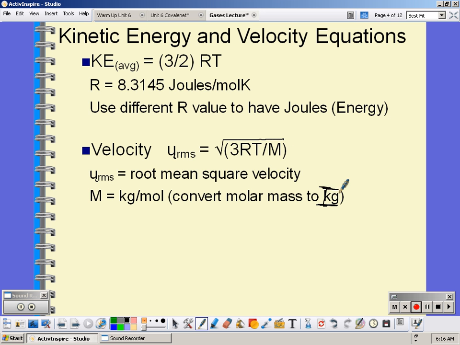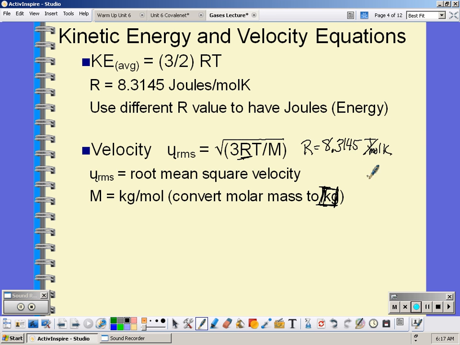We don't normally use molar mass in kilograms, but for this particular formula, you do need to use it. The other change that we have is in the R. Because we're talking about energy, we have to use a different R value. So R equals 8.3145 joules per mole Kelvin.